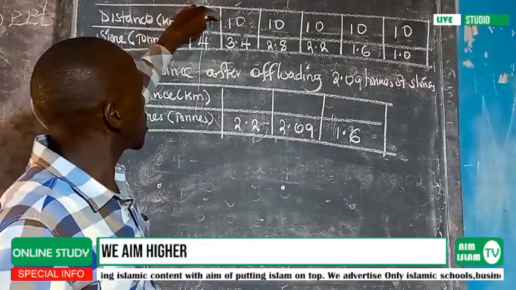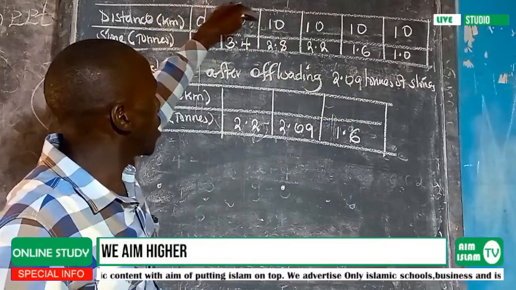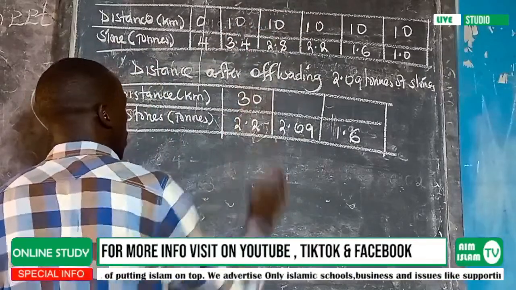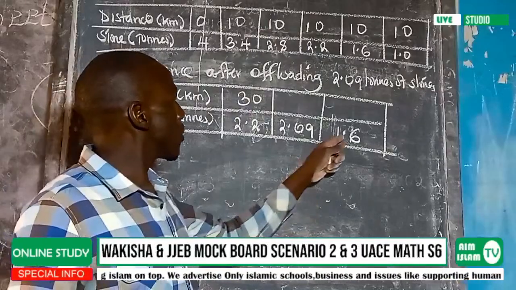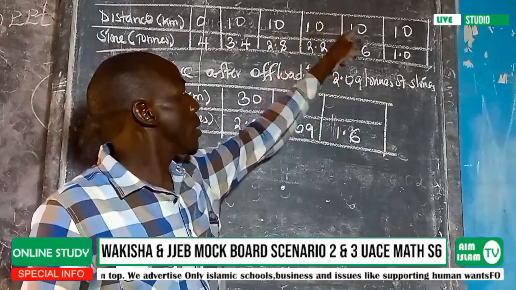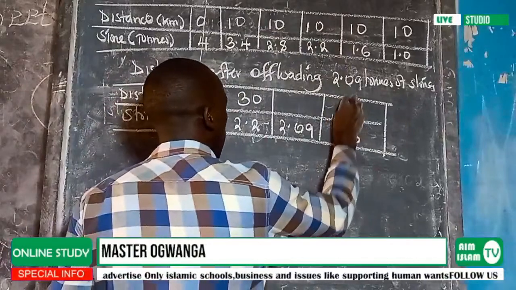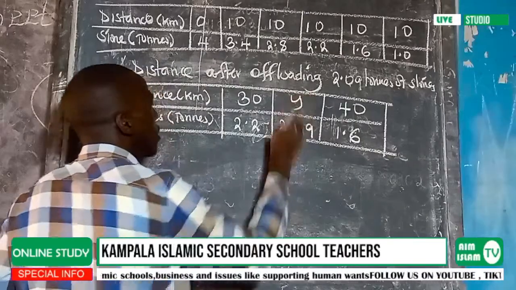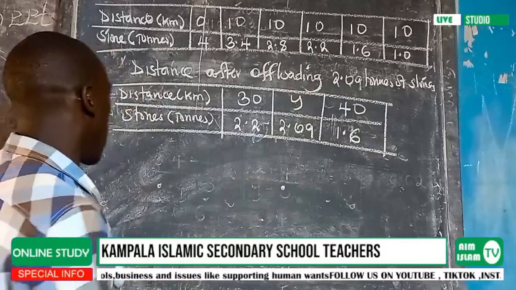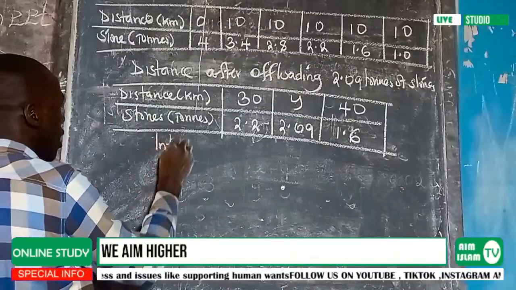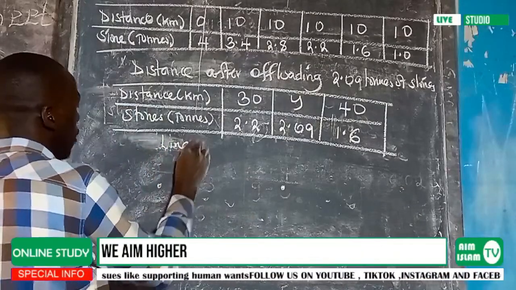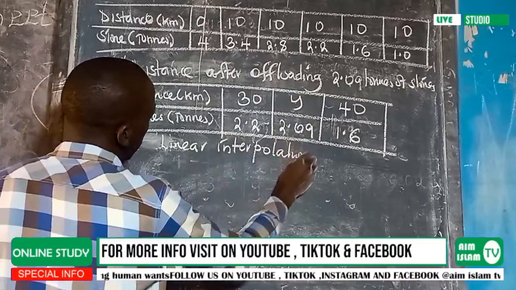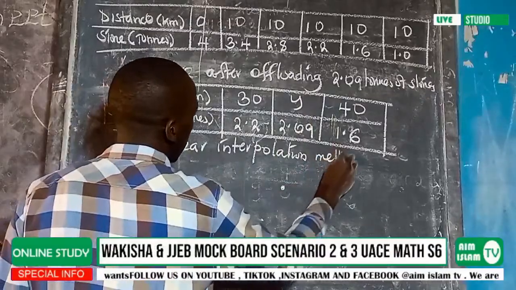The distance is 0, 10, 20, 30. So meaning this was given at 30 kilometers. And then at 1.6, if this is 30, means that this is 40 kilometers. Meaning we are supposed to find that value of y. That will also be got by using the linear interpolation method.